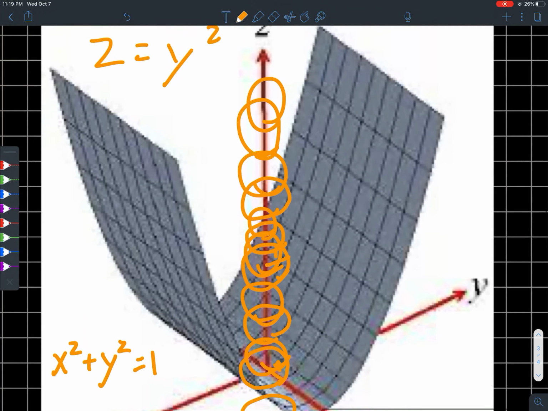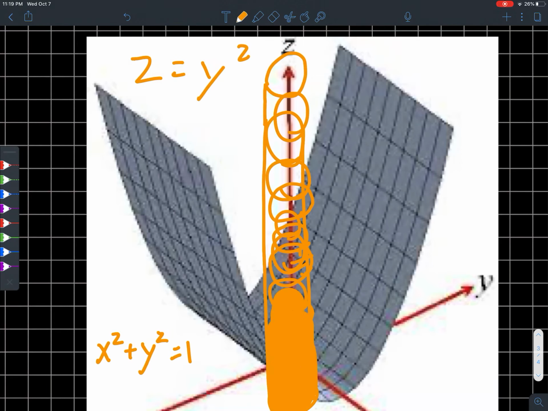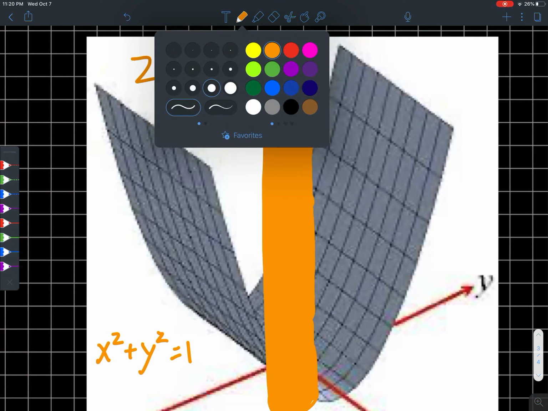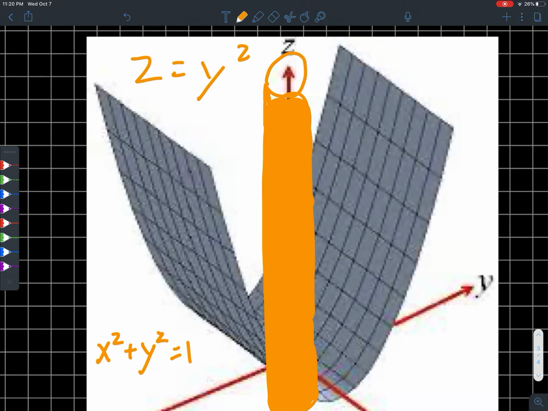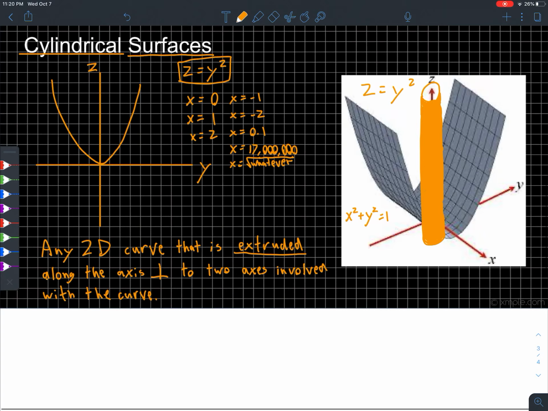So what we eventually get, if we draw enough of these circles, is a cylinder. When you extrude a circle along an axis perpendicular to the plane that holds that circle, you get a cylinder. That's why these are cylindrical surfaces.